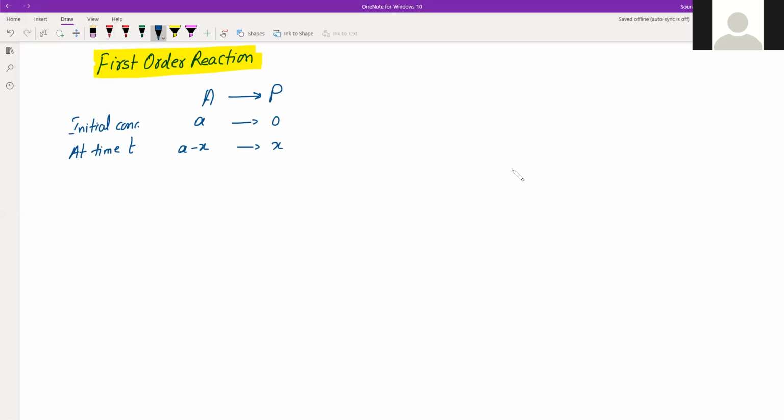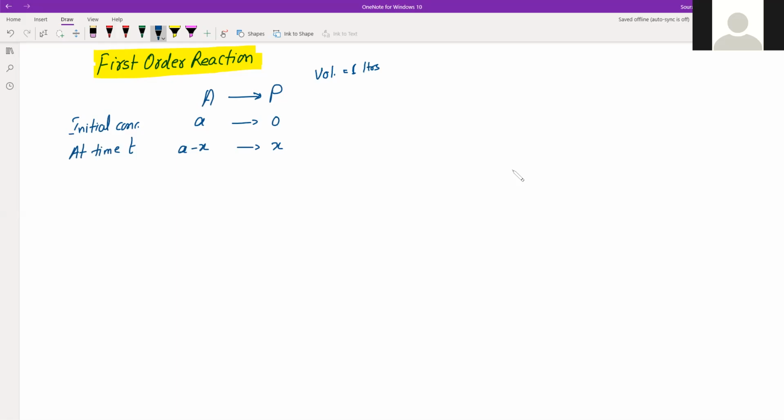We are considering the volume to be 1 liter. So in that case, whatever is the number of moles will be the concentration as well, right? So we started with A moles. At that time, P was 0. That means there was no P when the reaction started. As the reaction proceeds, at time t, some x moles of A have been consumed. So obviously x moles of P will be produced.